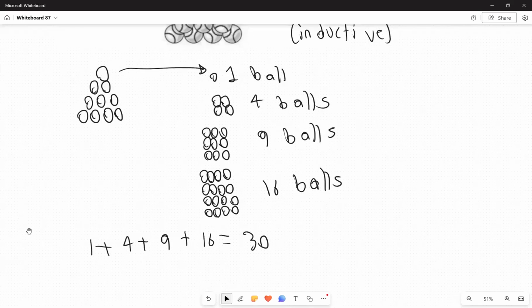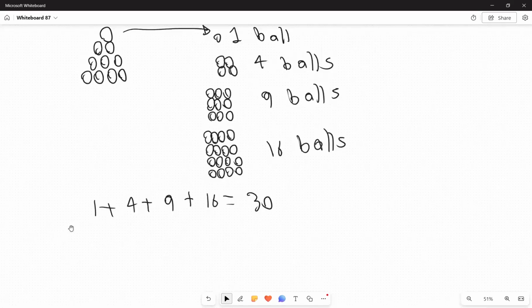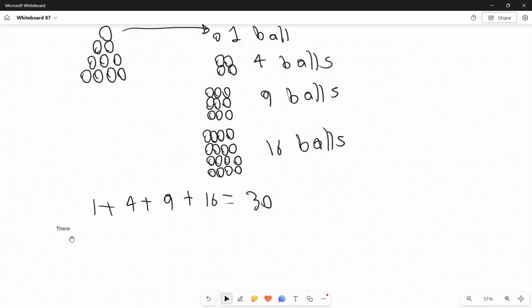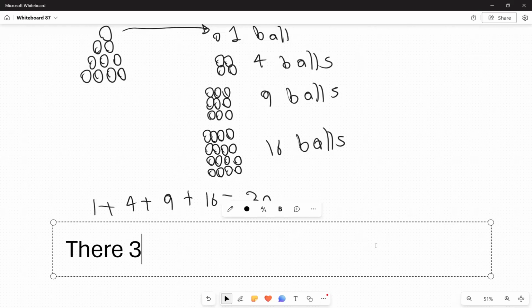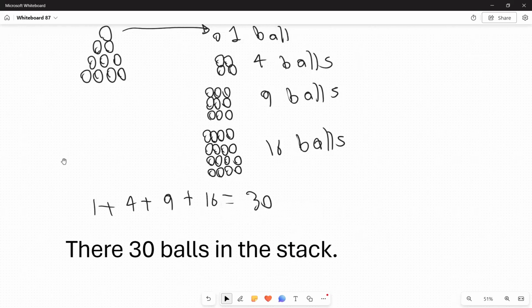And there are 30 balls in the stack. So we used inductive reasoning to answer the question.